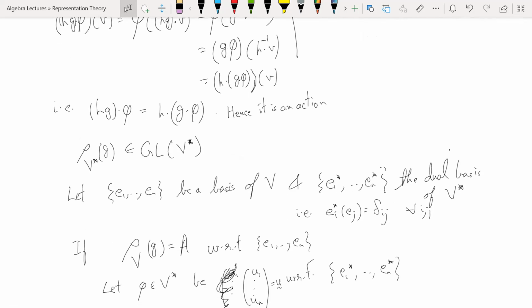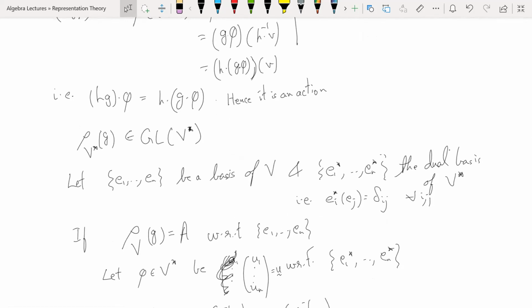So let's try to unravel the definition and see what you get. Let phi be in V star. We want to determine the matrix of this with respect to E1 to En and E1 star to En star. Let's first understand what is happening. Suppose phi is some arbitrary functional in V star.